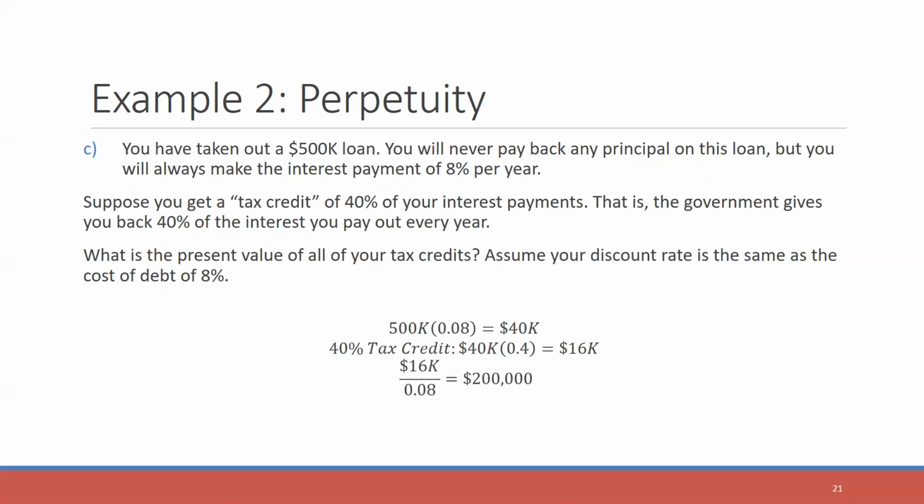What we find is that this 500K loan that we've taken out, this perpetual loan, actually has a present value of a tax credit of 200K. And that's because forever we're going to be using our 16K write-off. And at the present discount rate of 0.08, it's a perpetuity that has a value of 200K.